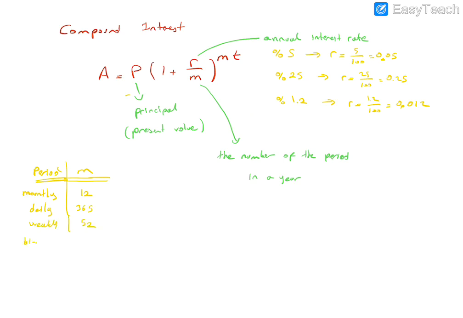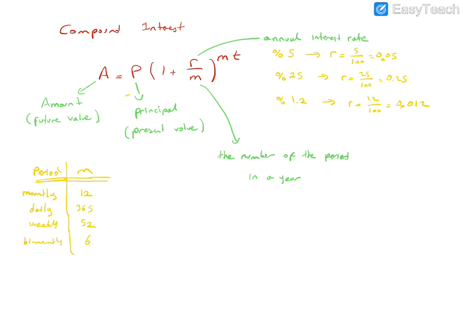If this is bi-monthly, this is 6. Then what is the remaining A, capital A? A is the future value, the amount. So A is the amount, which is the future value.